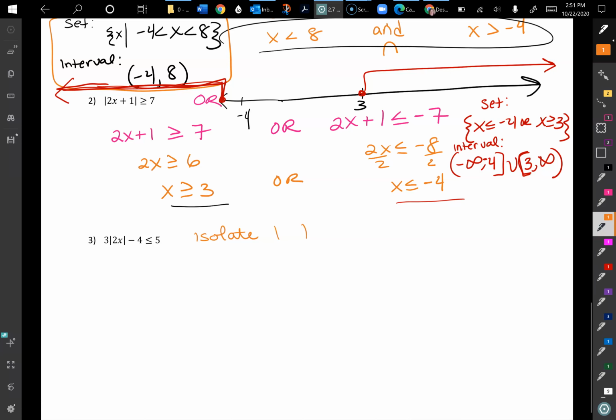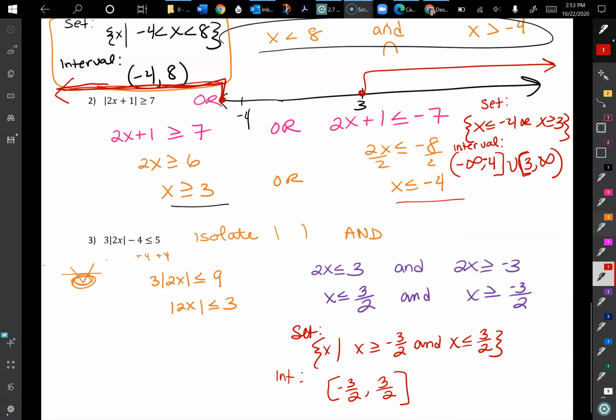And then remember, this is a less than situation, so it's going to be the bottom part of the V that you want. So you're doing an "and" because you want the overlap. If you're looking at a greater than, you're looking at the separated "ors." So this one's going to be an "and." It's just like number 1, so you can look back at that example to help you.